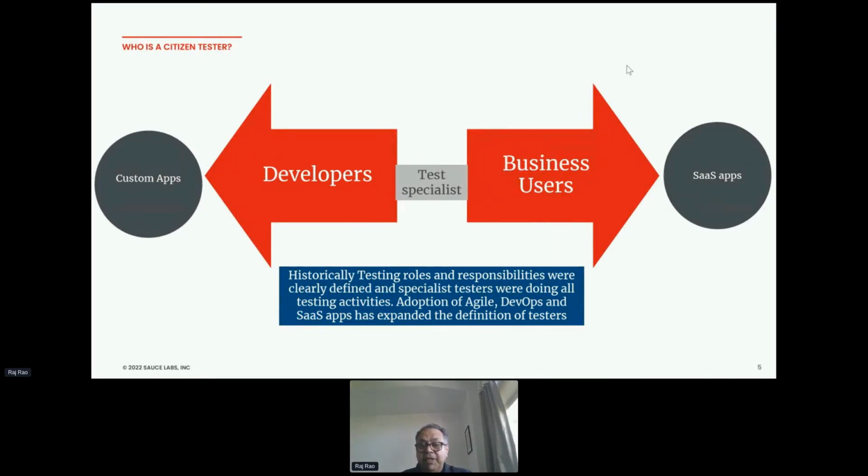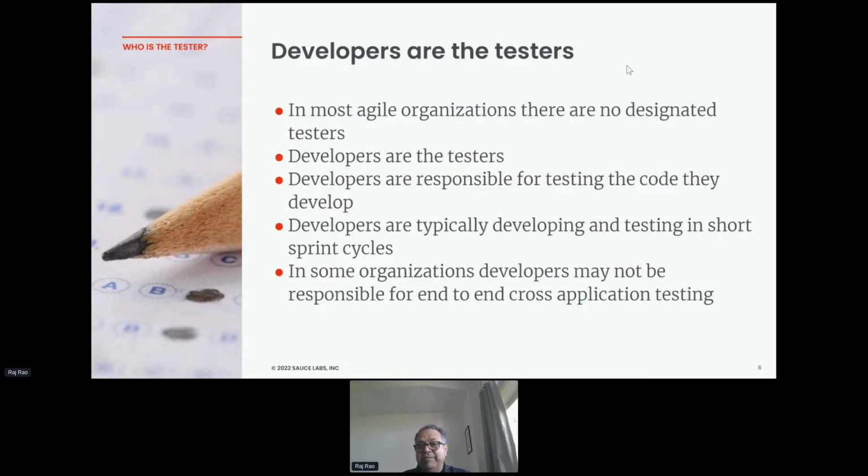Now, the challenge with this is developers have to develop all the code in a typical agile sprint, and then they have to also do the tests. And many of the developers are Java developers, Golang developers, more into Python and other things, and they're not so interested in doing Java Selenium.